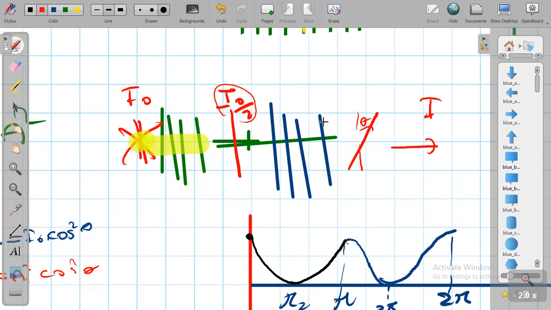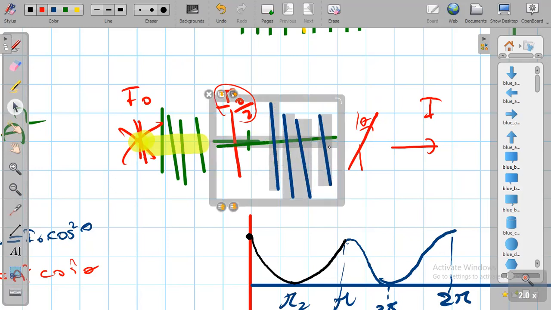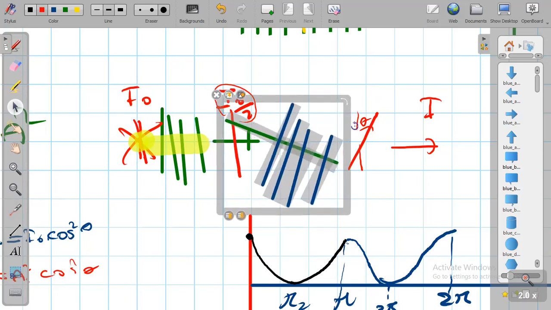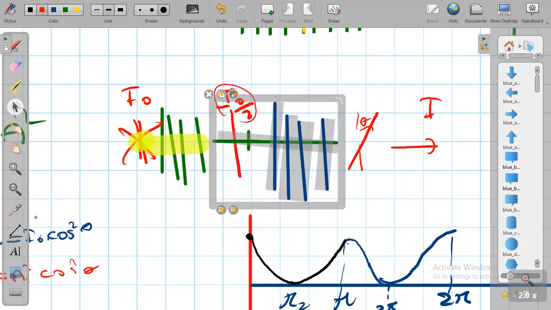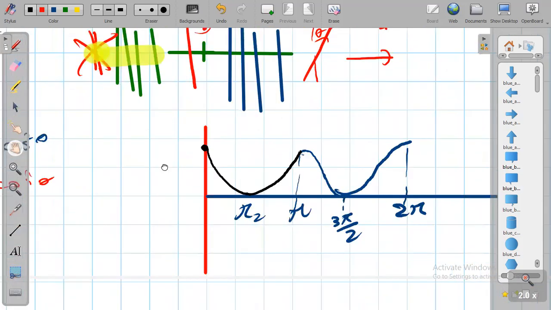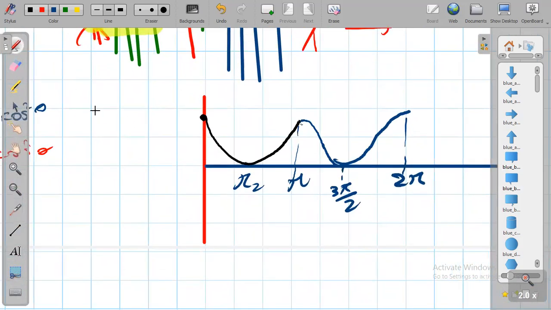Now in the second polarizer, if you begin with the parallel connection, you can just turn this one. You see this hole get turned. If you turn it by a certain angle, according to the equation, I equals I naught cos squared theta. How good is this squared relationship?